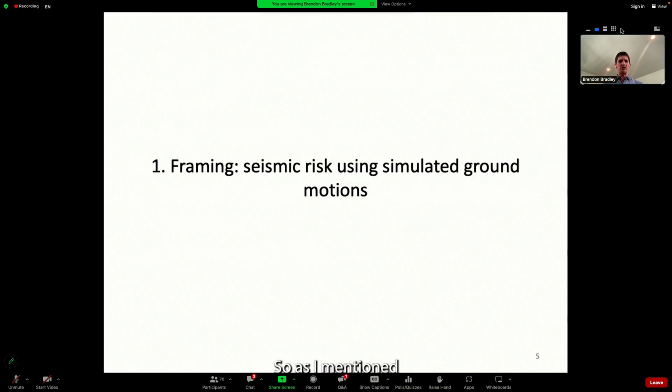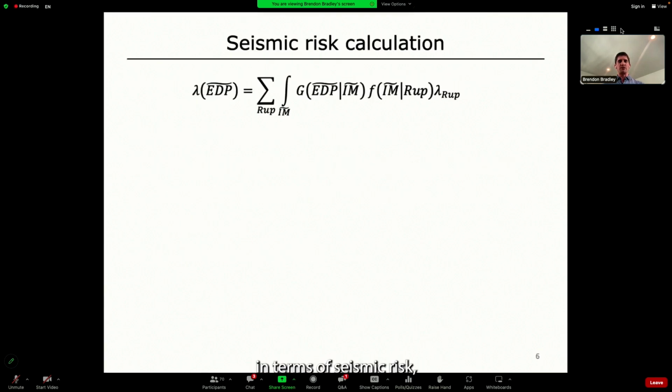Okay, so as I mentioned, first framing this in terms of seismic risk. Since this is a PEER forum, it would almost be remiss to not have some terminology from the PEER framework formula come up. So here is a representation of calculating seismic risk as a function of performing essentially the seismic hazard analysis, probabilistic seismic hazard analysis, as well as seismic demand analysis.